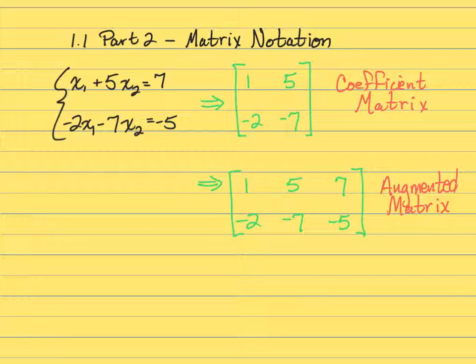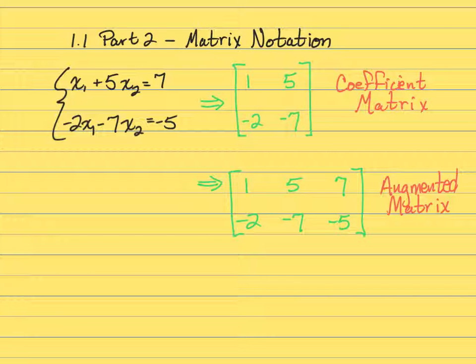They'll just tell you it's an augmented matrix, and you'll know that that's where the dotted lines are, that's where the equal signs are. And if you had to convert this back to a system, you would know exactly how to do it because these are always your x sub 1 coefficients, and these are always your x sub 2 coefficients. Then you have your equal sign. Then you have your right-hand side of the system.